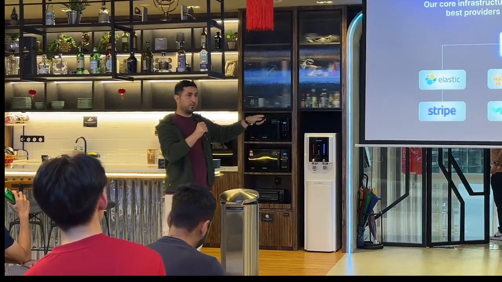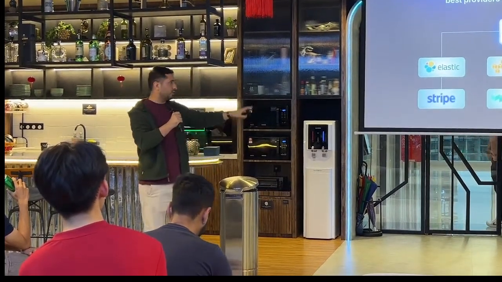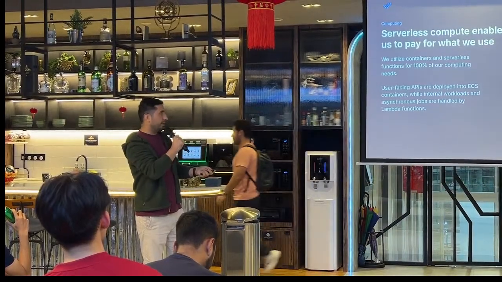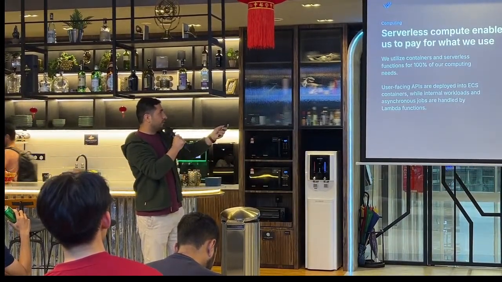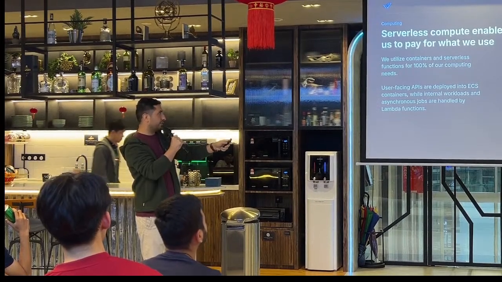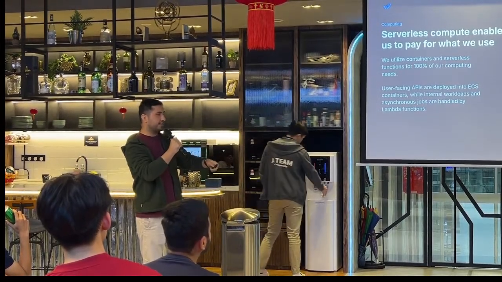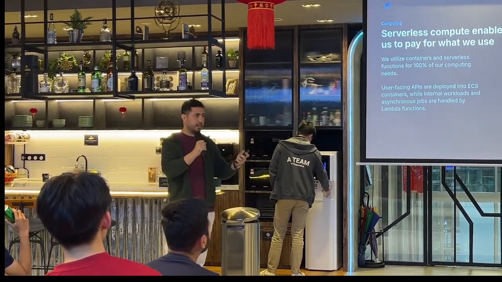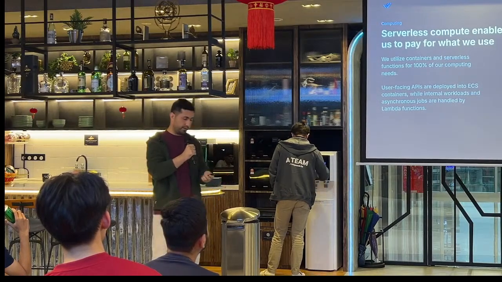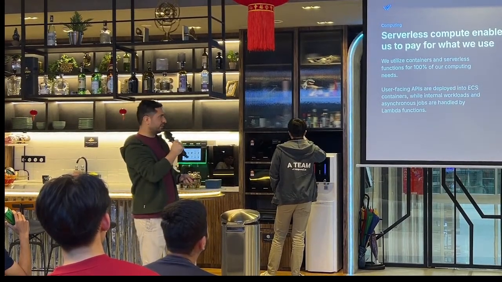We use a lot of third-party services, and these are just the big ones. And then, as I already discussed, 100% of our computing is done on serverless. The rest is ECS, so we don't use Kubernetes. It's ECS using Fargate, or microservices basically.